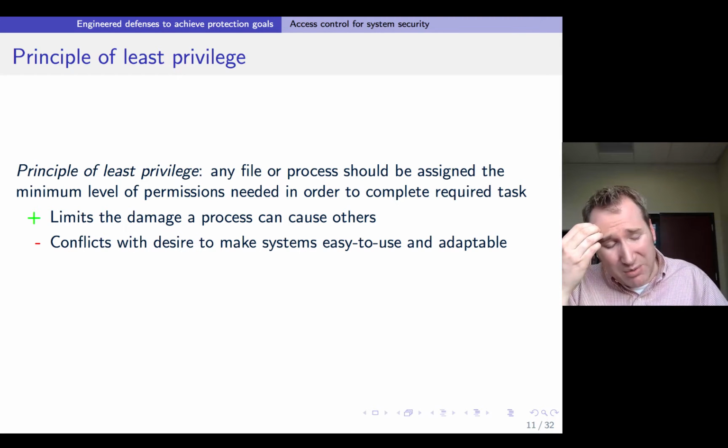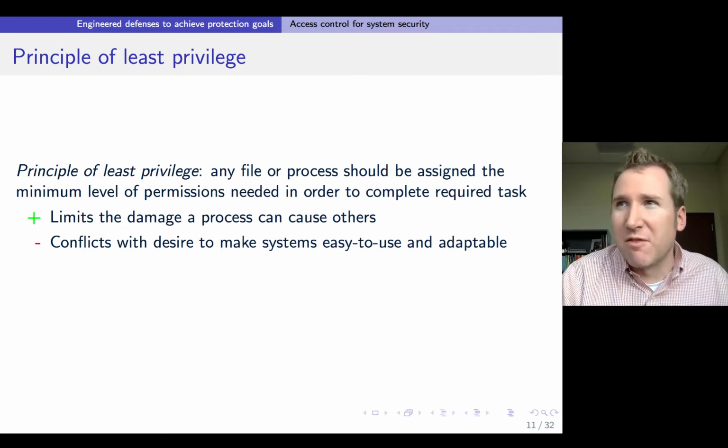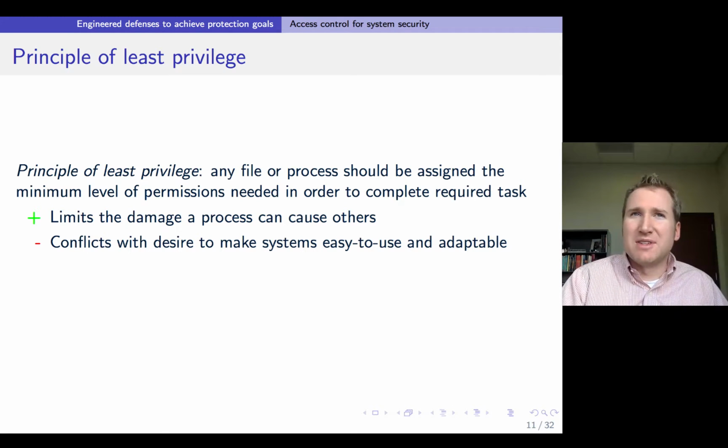But the principle of least privilege has some downsides in that it often conflicts with the desire to make systems easy to use and adaptable. And computer scientists do tend to prefer to make a general system that would work in cases that we wouldn't even have possibly imagined. And so there's a tension between writing a general program and giving it access to only the resources that it needs to do a particular task.